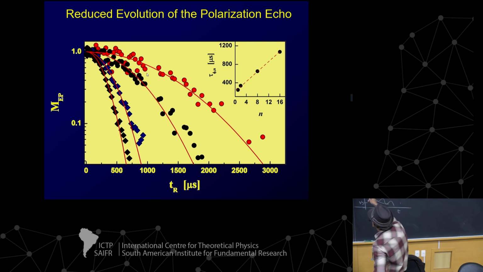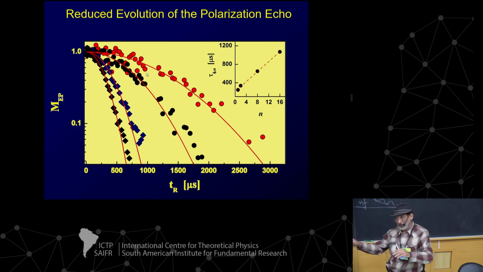This decay essentially scales with the Hamiltonian. Here, n is the inverse strength of the Hamiltonian, with the weaker Hamiltonian, and the time scales are longer and longer proportionally. That's linear. So essentially, the reversibility time scale goes with the Hamiltonian and not with anything else here.